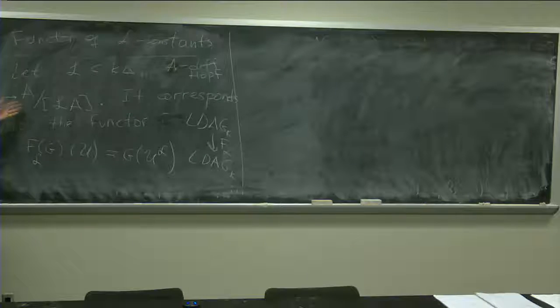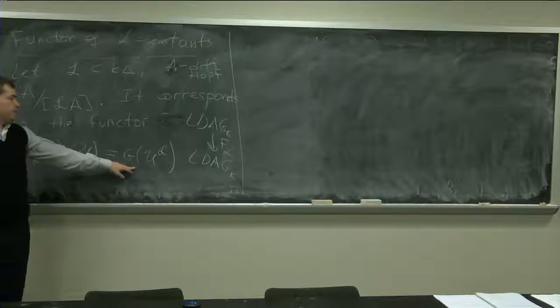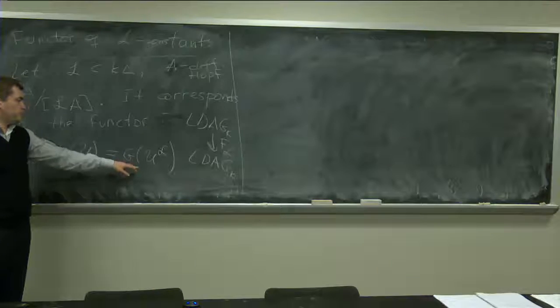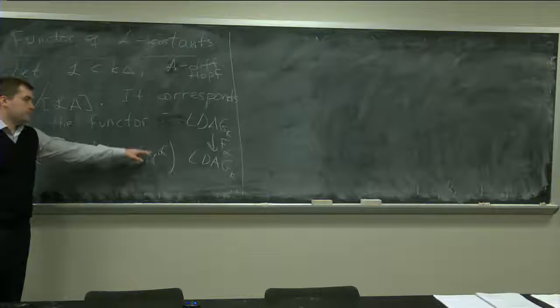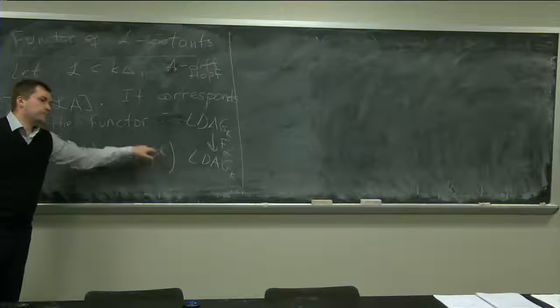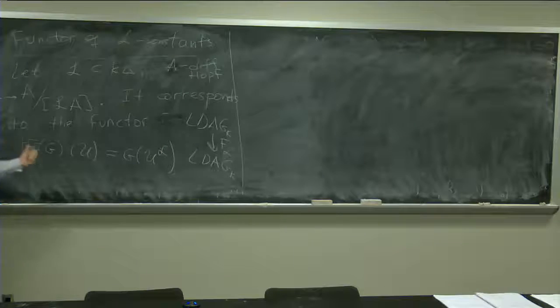So this map of algebras, if you consider the map of spectrums, you will get the inclusion of constants, the points which are constant with respect to derivations from L. So this embedding into G(U).